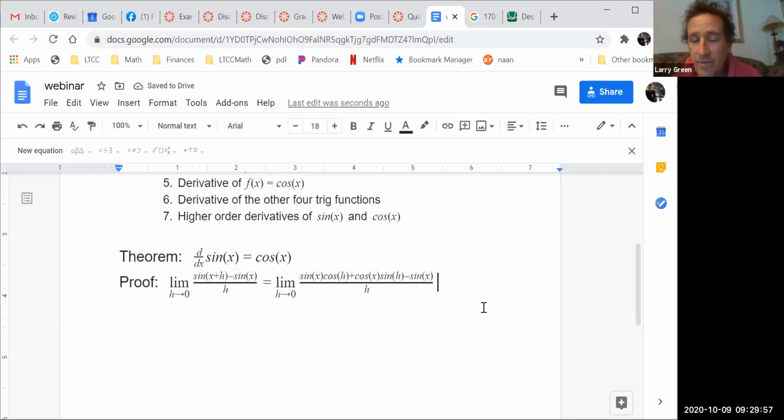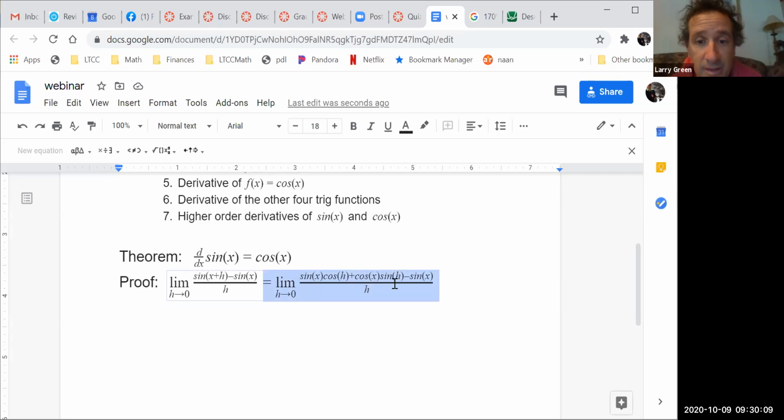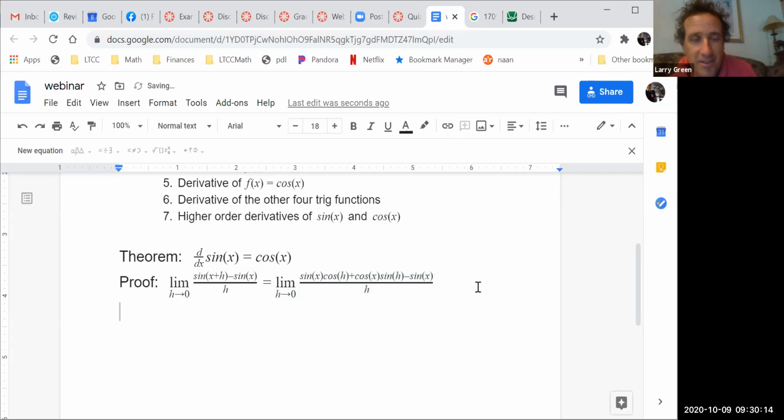Any questions on that? Okay, then the next thing I'm going to do is break this into 2 pieces. Even though it looks like I should break it into 3 pieces, turns out 2 is the way to go.